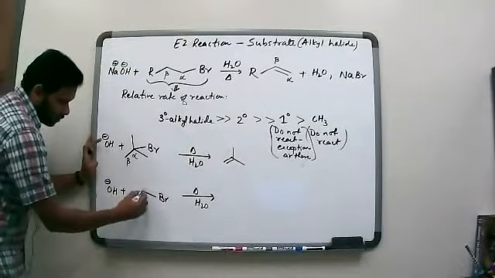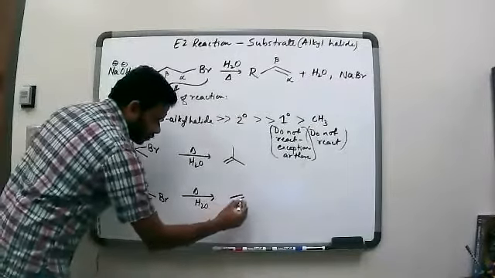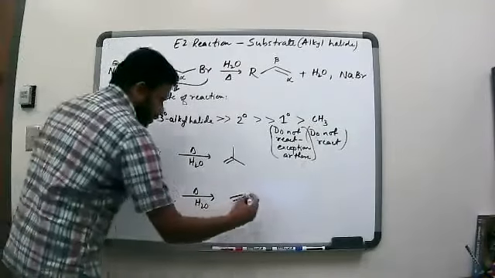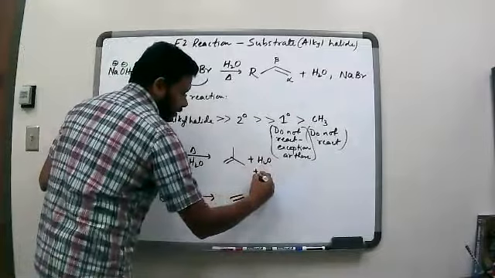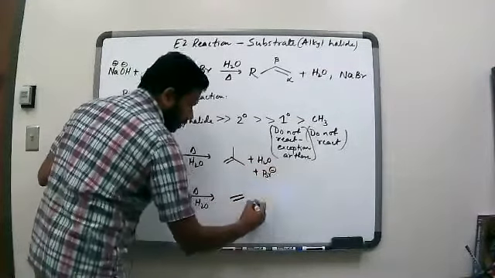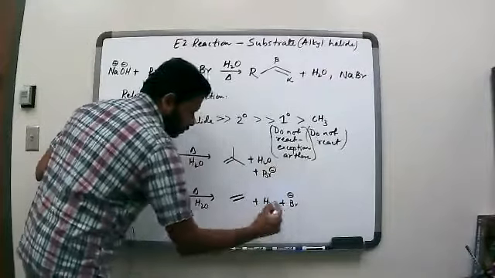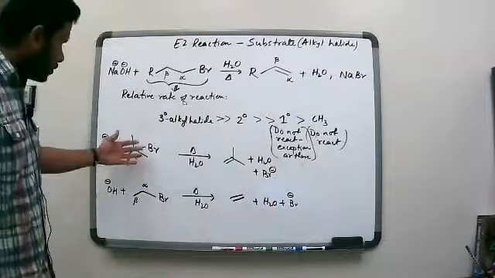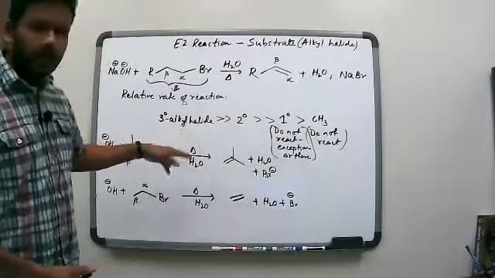And then when we have the primary alkyl halide, this is alpha and this is beta. So that means our product should be like this, plus we are going to have water and bromide in each case.